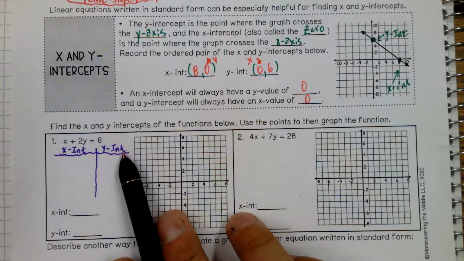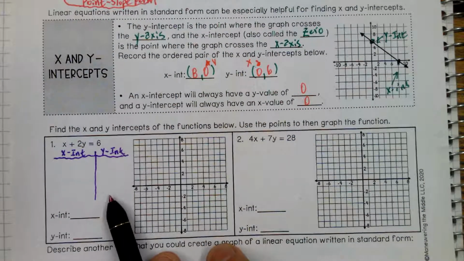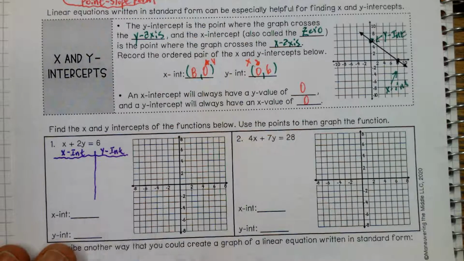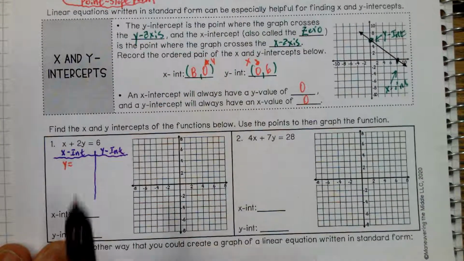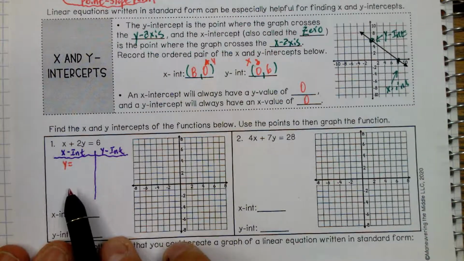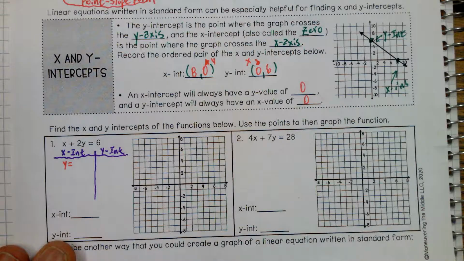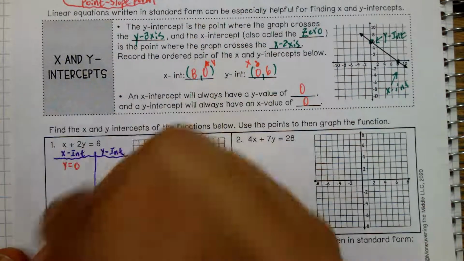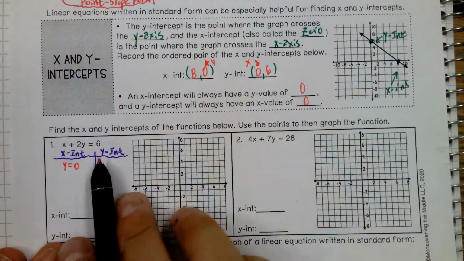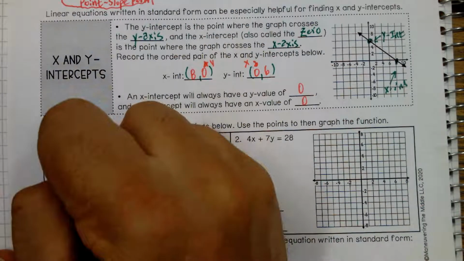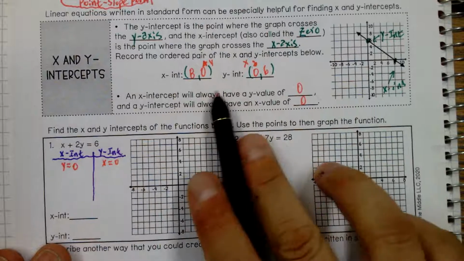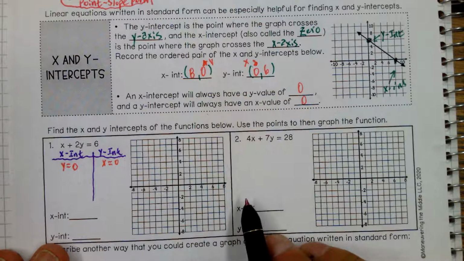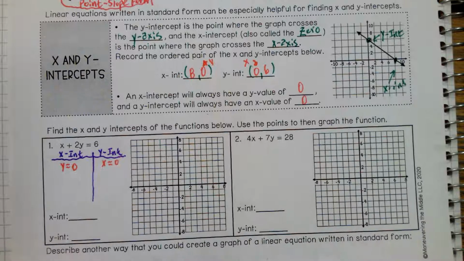We're also going to use that fact to find the coordinates for the y-intercept. So for an x-intercept, the thing we have to remember is what's the value of y. If we have an x-intercept, what number goes there? Do we already know y has? Y is going to be 0. Similarly, for the y-intercept, we know that the x value is 0.